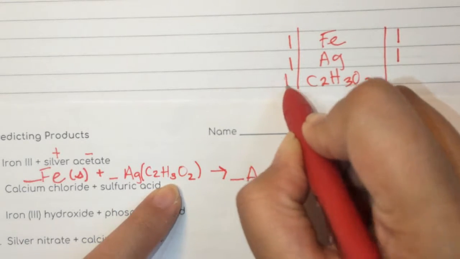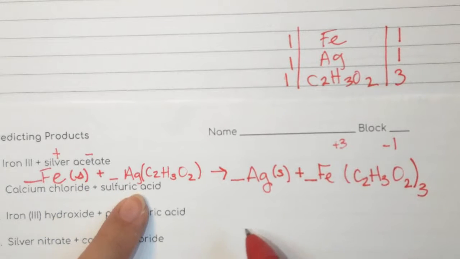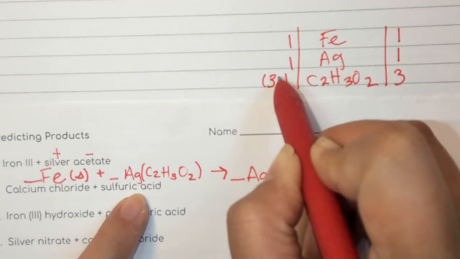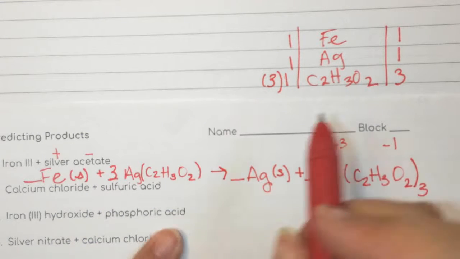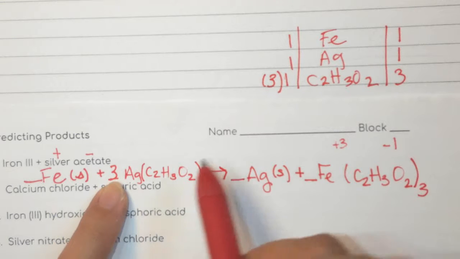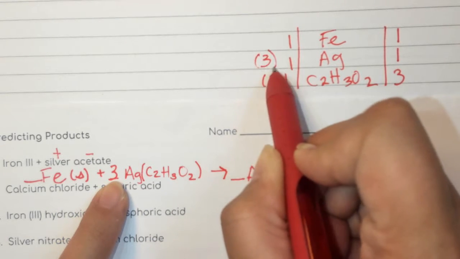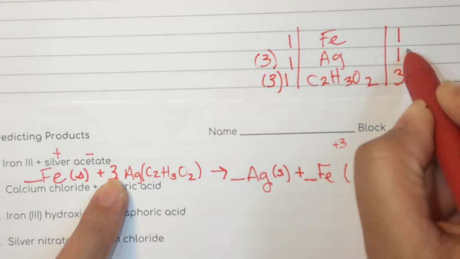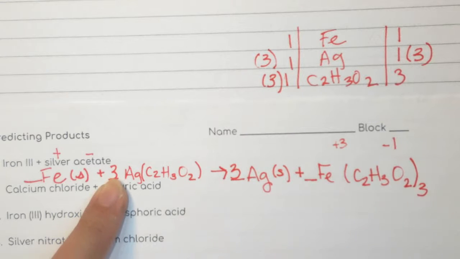Reactants, I have 1 acetate. Products, I had 3. So you have to change the reactants by multiplying it by a 3. When I multiply this side by a 3, what did I do to silver? I changed the silver's reactant to 3 by multiplying it by 3. So I can multiply my product side by 3 and it's fixed.